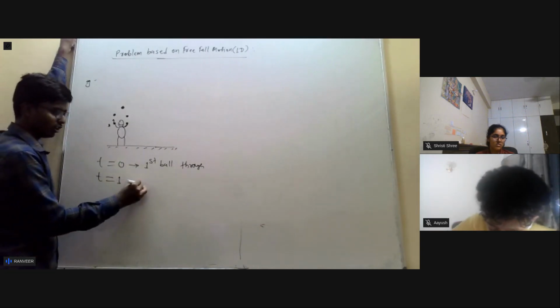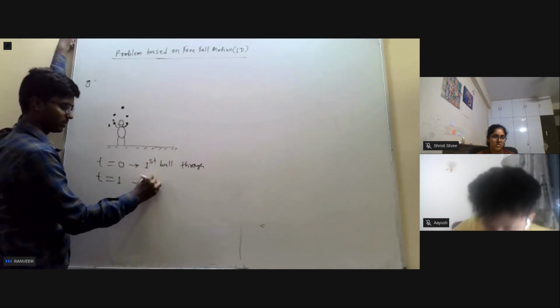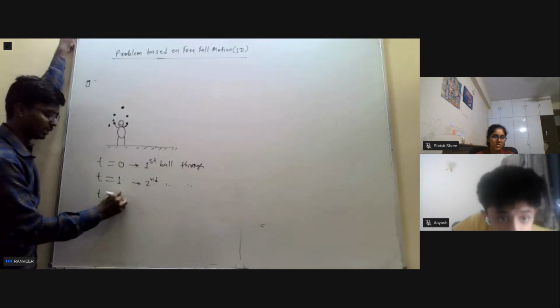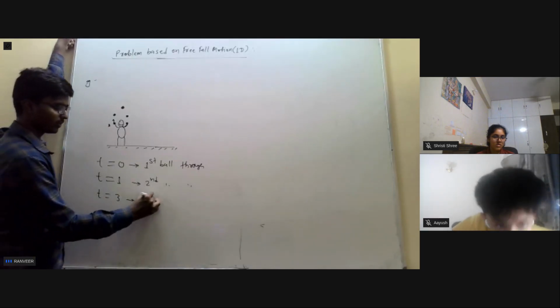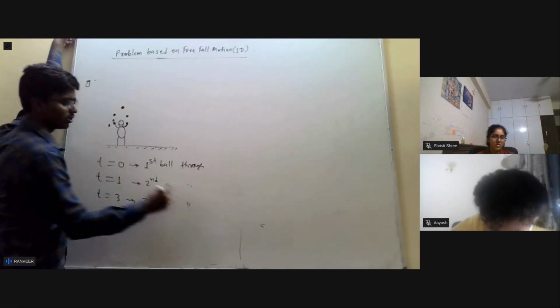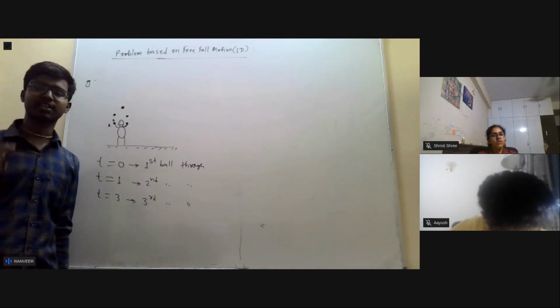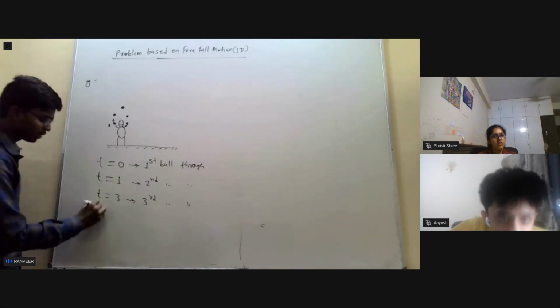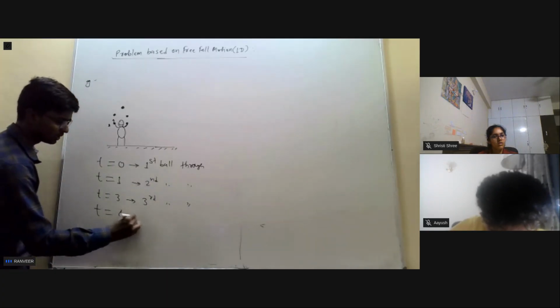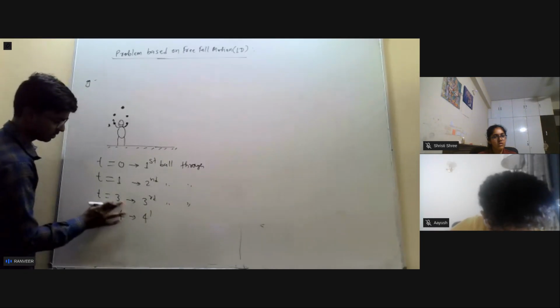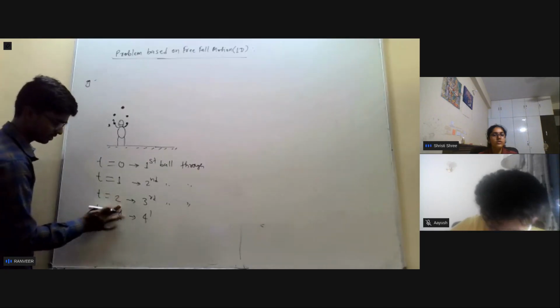In 1 second, it will throw the next ball, because the gap interval between each ball is only 1 second. At t equal to 2, it will throw the third ball.